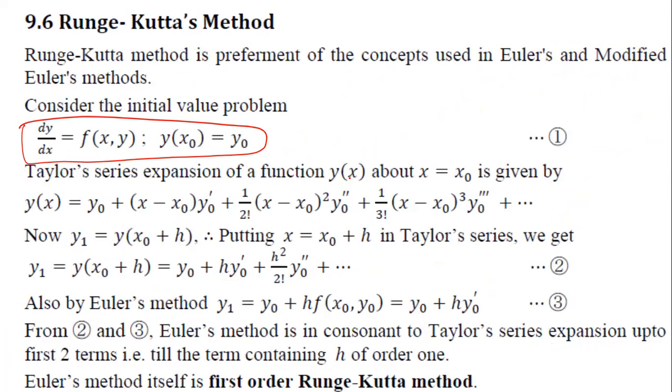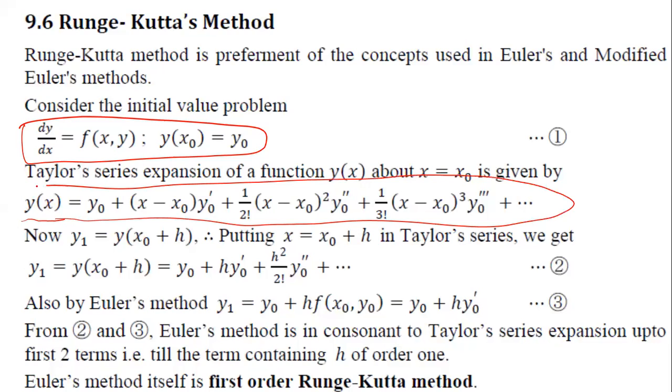Using this Taylor series expansion, we can find the functional form of y in terms of x. Y at x you can obtain using this Taylor series expansion. And if you remember, in the Taylor series expansion formula, what we did was this dy upon dx is your y prime, right? Your y prime is f of x, y, right?